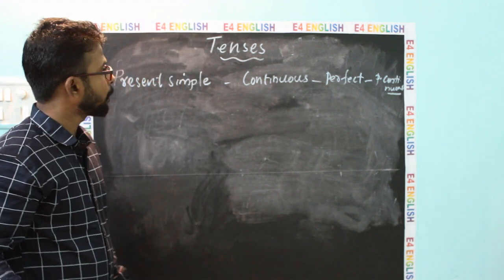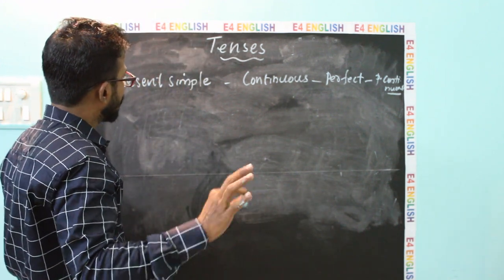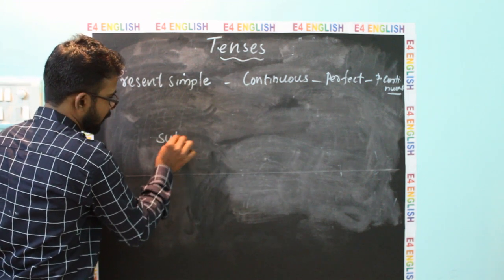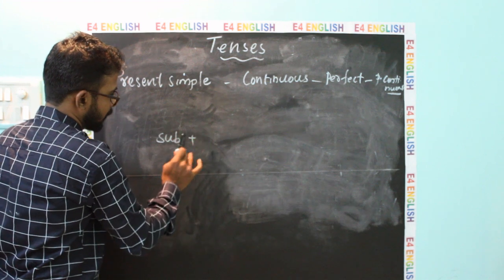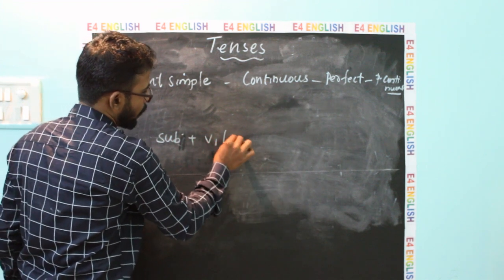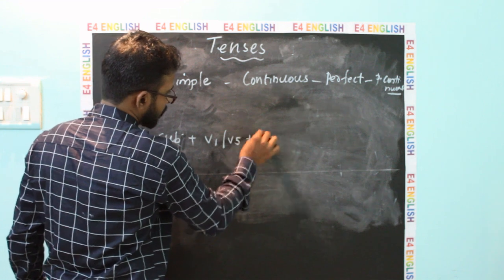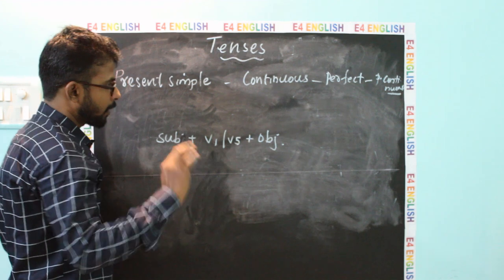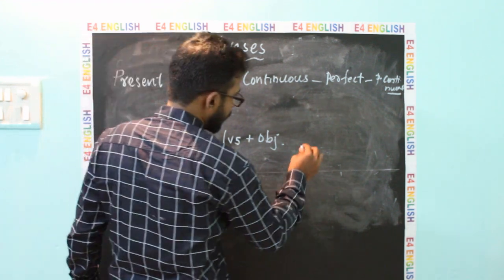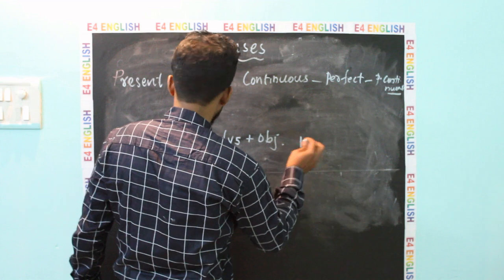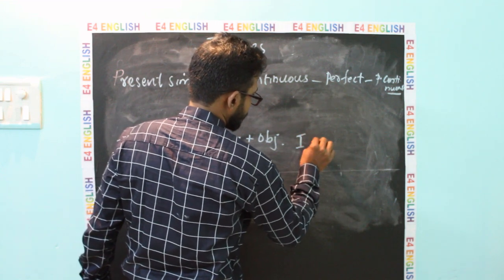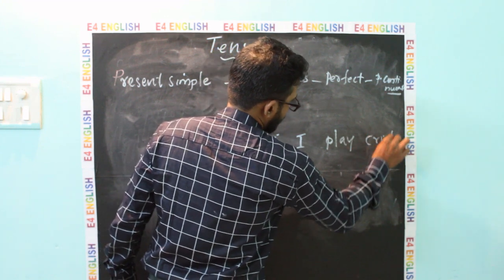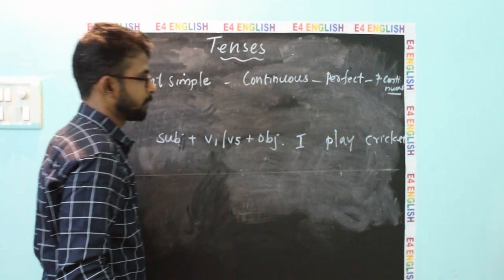Okay. So the present simple format is here. Let me take a little space here. Subject plus V1 or V5 plus object. Alright? So for your easy understanding, I am taking the subject as I, the verb is play, and cricket.